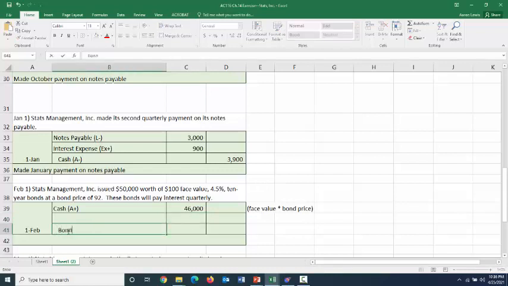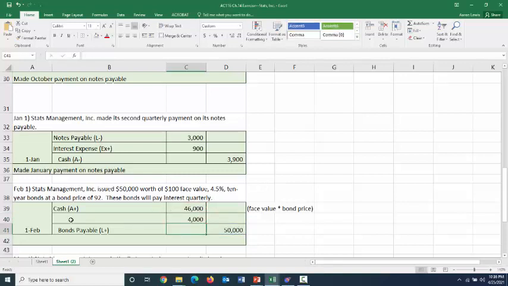I'm going to skip a line right now. We know that bonds payable always goes on the books at the time of issuance for its face value, which means we're putting bonds payable on the books for $50,000 because we know we're going to have to pay back that $50,000 face value after 10 years when these bonds mature, which means we are issuing those bonds for less than face value. How much less? Well, $4,000 less.